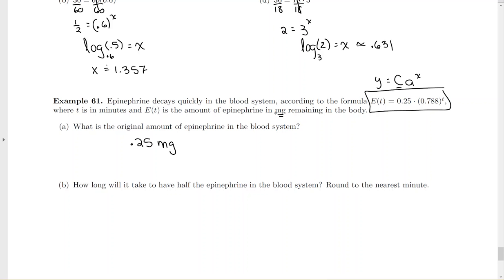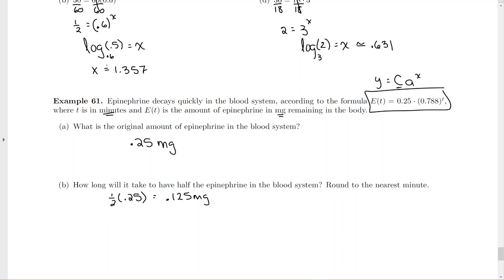I mean, you only have 2 options. It's either milligrams or minutes, and if it's an amount, it's going to be in milligrams. How long will it take to halve the epinephrine in the blood system? So if you originally start with 0.25 and you want half left in your system, multiply it by 1/2 and you're going to get 0.125 milligrams.